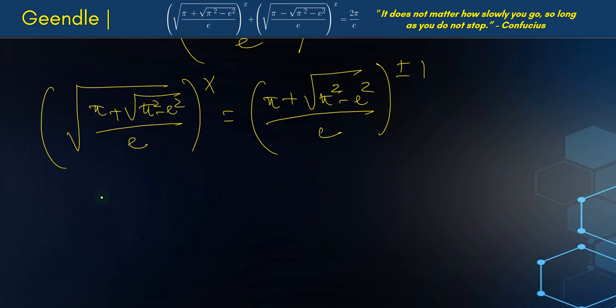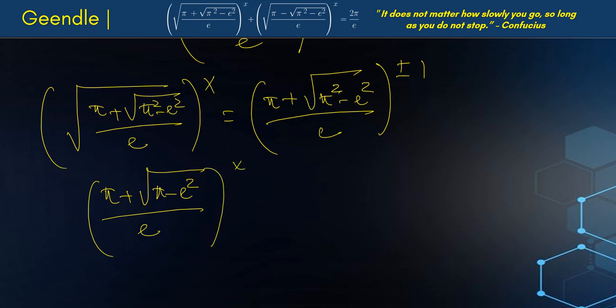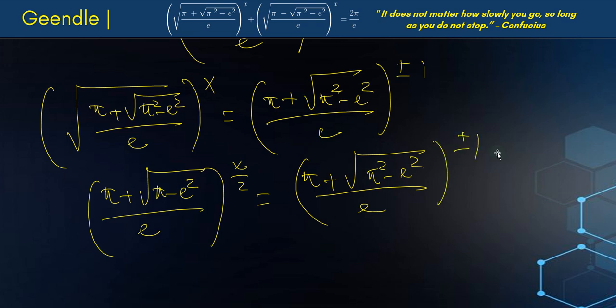It's simple. We're just going to take this 1/2 to the power, and then we have pi plus the square root of pi squared minus e squared over e, to the power of x over 2. Now this is pi plus the square root of pi squared minus e squared over e, and then this is plus or minus 1.